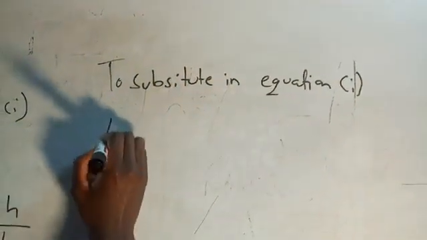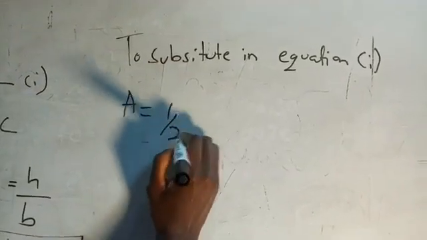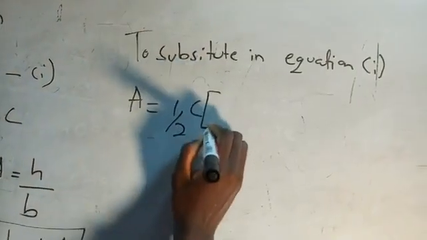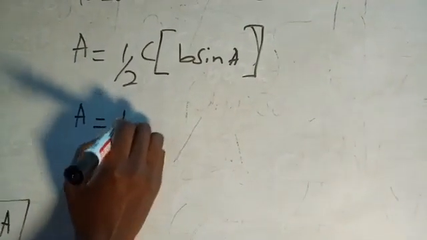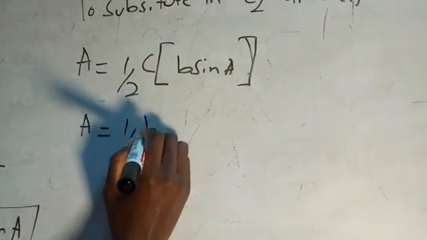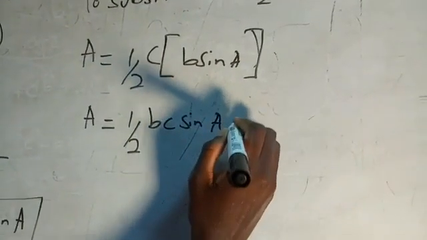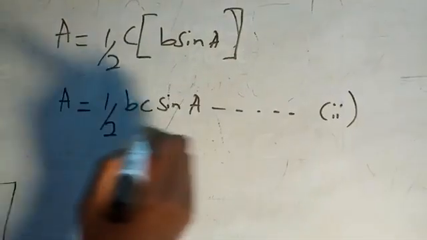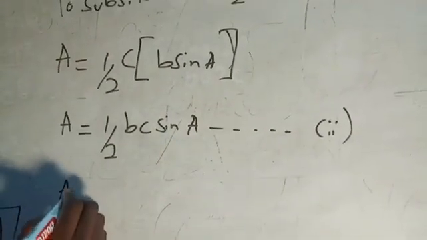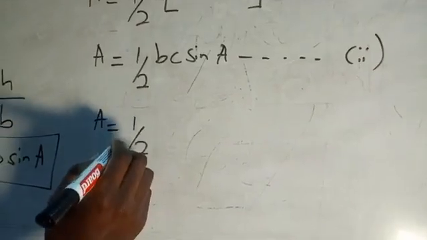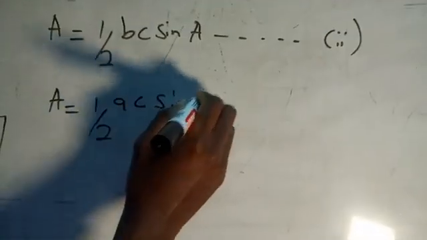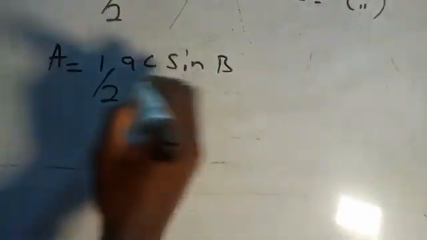So it will be area equaling a half C into brackets B sine A, when we substitute in the value of H, becoming area equaling a half BC sine A, being equal to the same area equaling a half AC sine B, when we substitute in the value of H here.